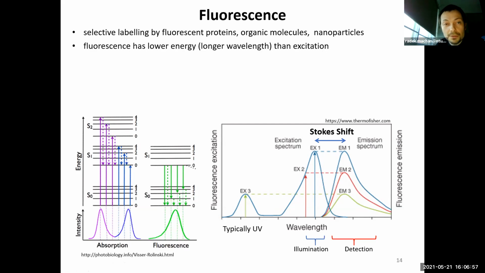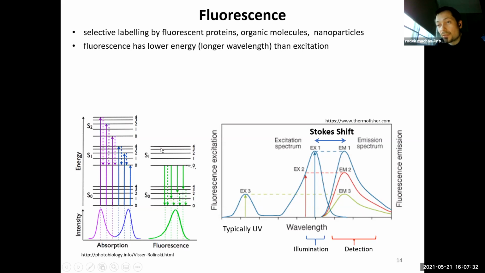So one thing which we can observe here is that the fluorescence has longer wavelengths than the excitation. Because I excite to some higher energy level, and then part of the energy is dissipated in a non-radiative manner. So only part of the energy is then used for the emitted fluorescence photon.